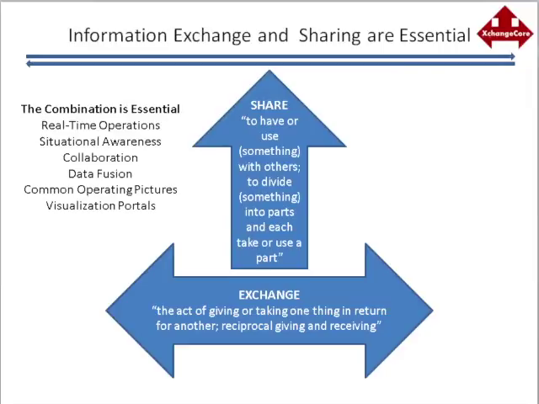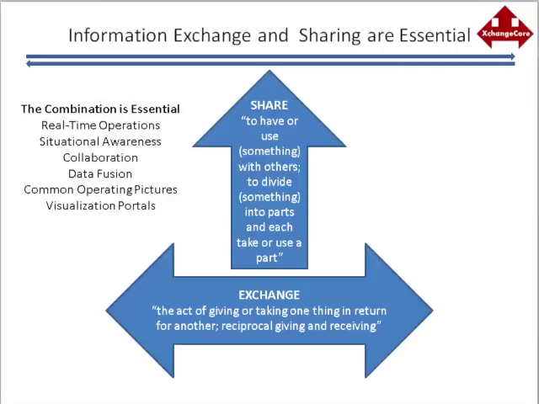It combines these critical capabilities to do real-time operations, provide situational awareness, collaborate, and fuse data, as well as provide the shared information out to a common operating picture or visualization portal. It's really that combination that has made UCIDS so special and given it such exciting capabilities that are used out in the market.